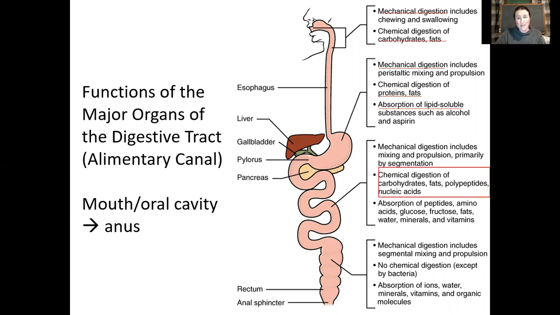And the small intestine is really where the bulk of the chemical digestion is going to occur. It is in this organ where we first see, and in fact, the only place where we see digestion of all four classes of biomolecules: carbs, lipids, proteins, and nucleic acids. Right? And actually, we need to use secretions from the pancreas as well as the liver and gallbladder, these accessory organs, in order to promote this chemical digestion.